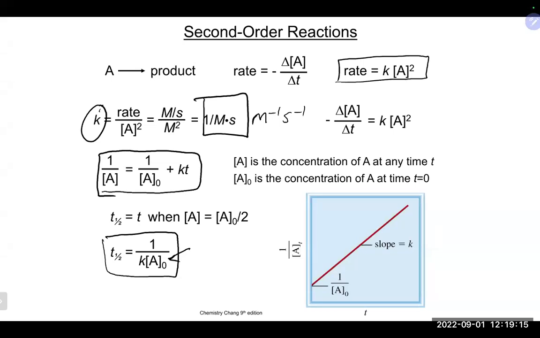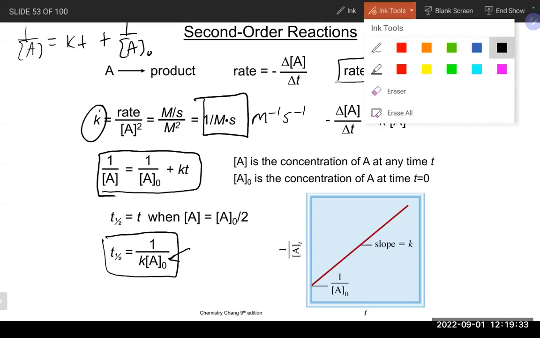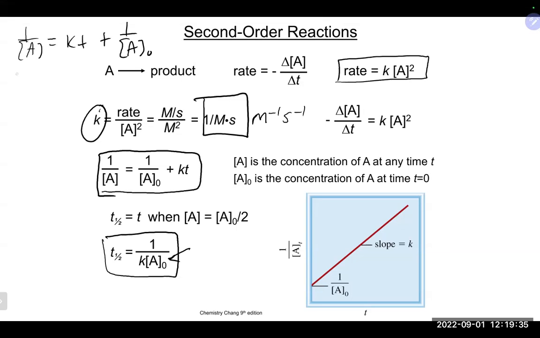Again, looking at our linear relationship, we could take that integrated rate law and rewrite it: 1 over A is equal to kt plus 1 over A naught. And once again, this would be written in the form of a straight line, y is equal to mx plus b.